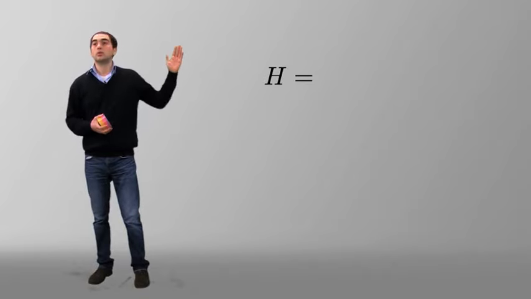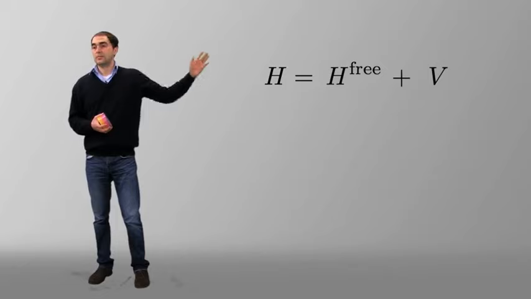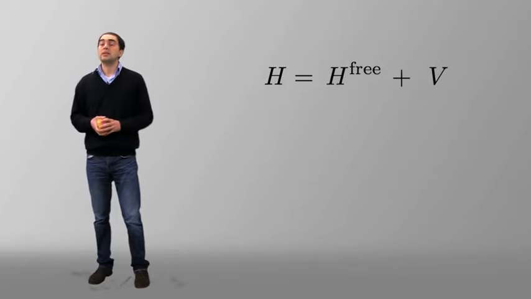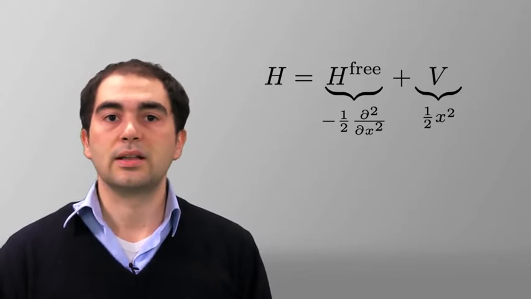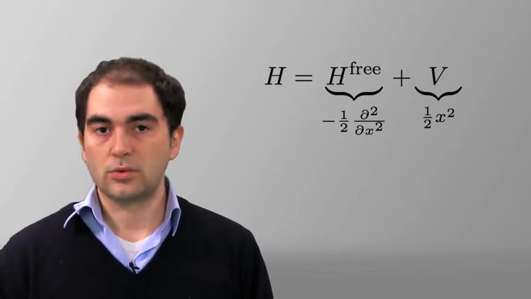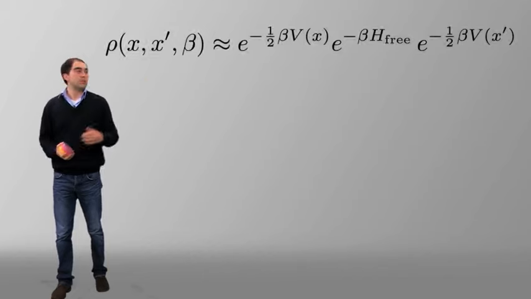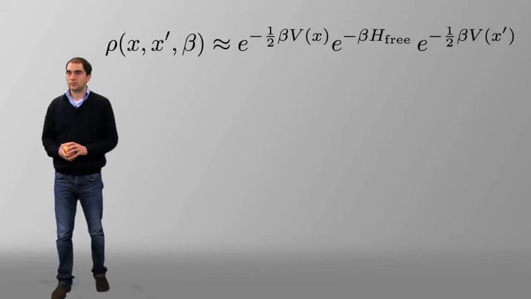Let us now consider the density matrix of a system with the following Hamiltonian: H equal to H0 plus V, where H0 is the Hamiltonian discussed by Michael, and V is the interacting potential that for the harmonic oscillator is 1/2 x squared. Now, the Trotter decomposition corresponds to the following expression.